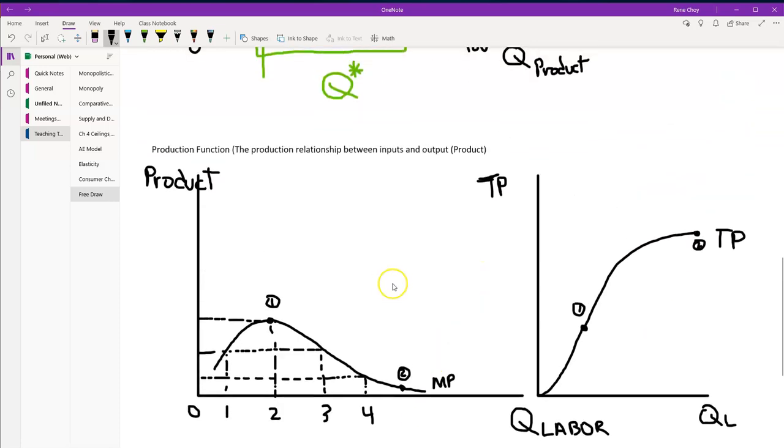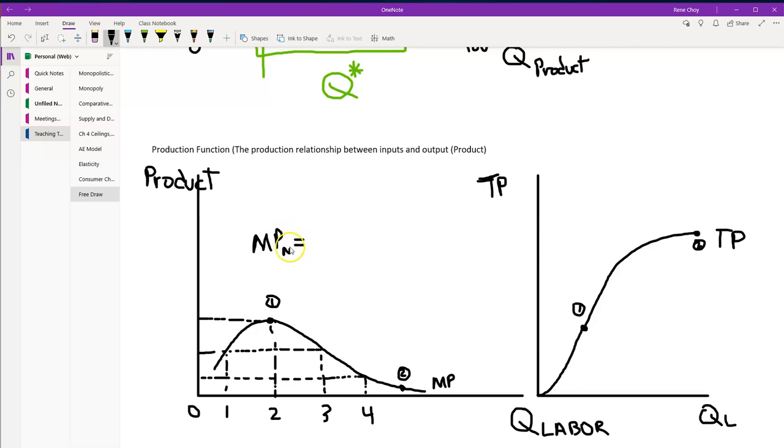Okay. A bit of a reminder, by the way, about total product and marginal product, in case you haven't been following along with the other lectures. So remember that the word marginal means the additional unit. So marginal product is basically the change in total product.